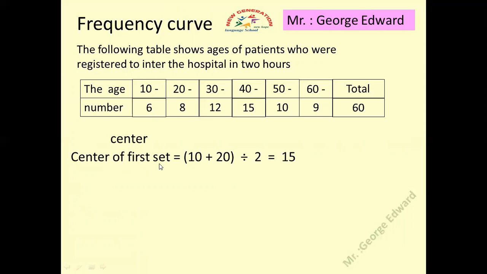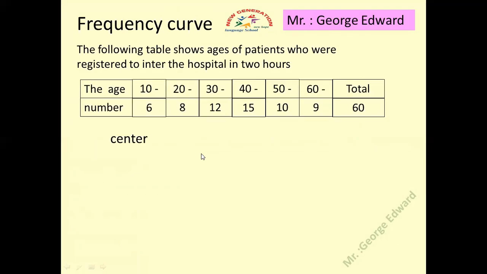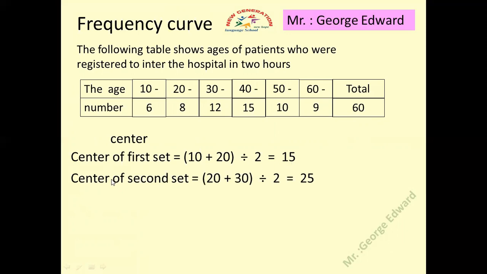Center of the first set equals 10 plus 20 divided by 2 equals 15. Center of the second set equals 20 plus 30 divided by 2 equals 25. Center of the third set equals 30 plus 40 divided by 2 equals 35.